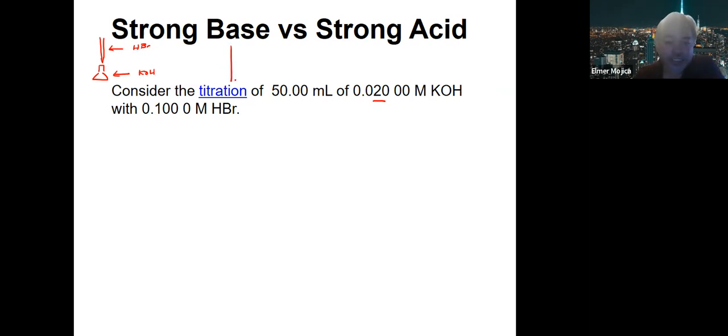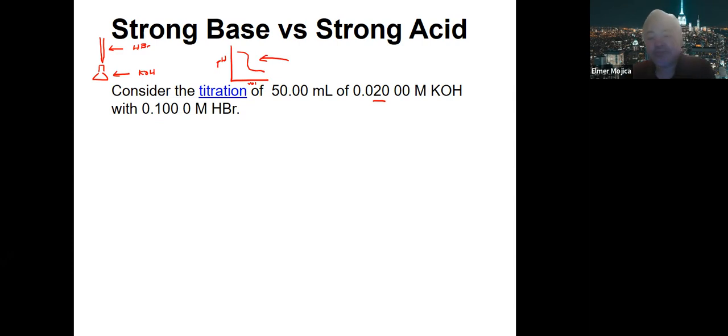If we're going to look at how the plot would look like, what happens to the pH as you add more acid? It decreases, so it might look like this.